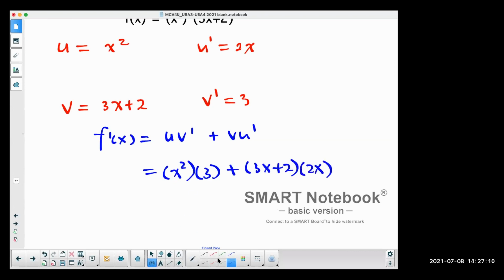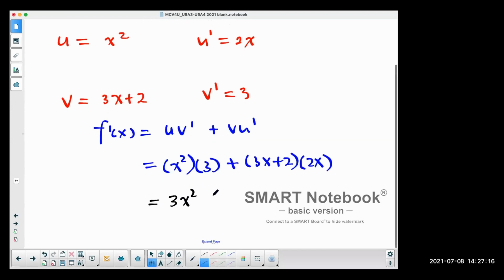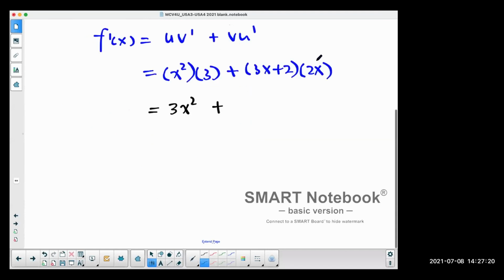And then expand and simplify, and you're done. So this is going to be 3x squared, and you need to make sure you do distributive law. Multiply in. So 6x squared plus 4x. Collecting like terms, you have 9x squared plus 4x.